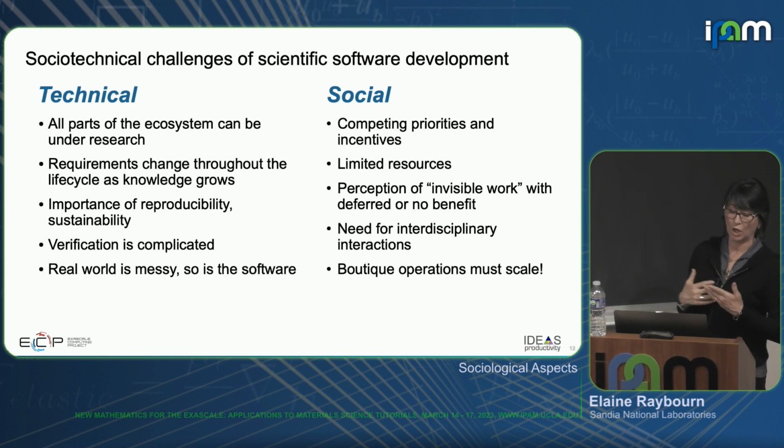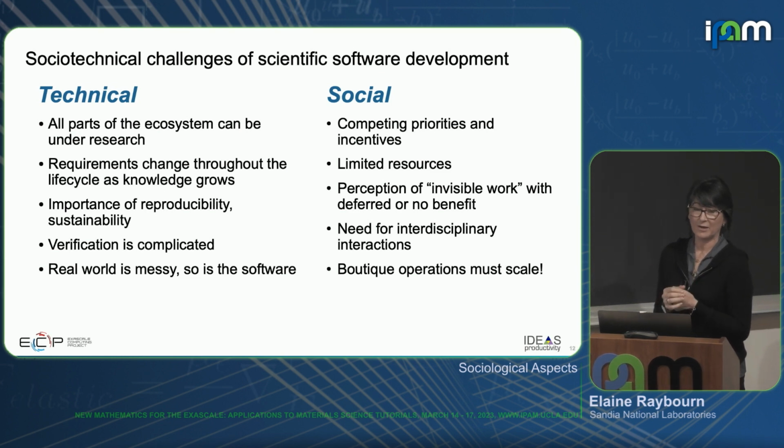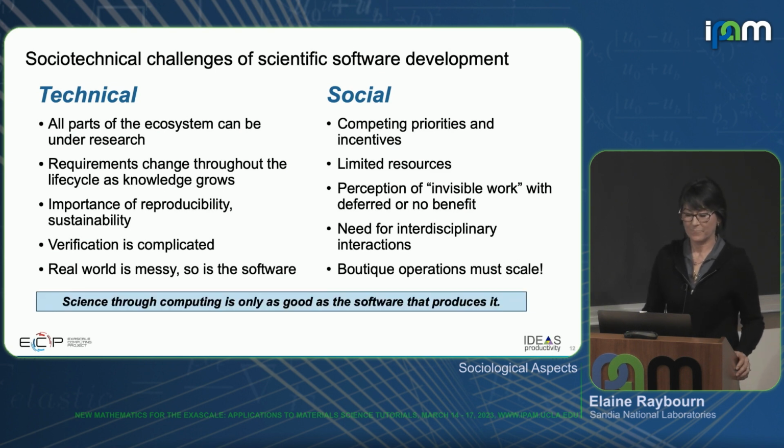It might be a lot for a small funding. And then we have to figure out ways that we can reward that kind of work. There's also a need for interdisciplinary interactions, and for Exascale, with our boutique operations, which are small teams, we have to be able to scale them. And so much of our work is in trying to find ways that we can help teams scale.